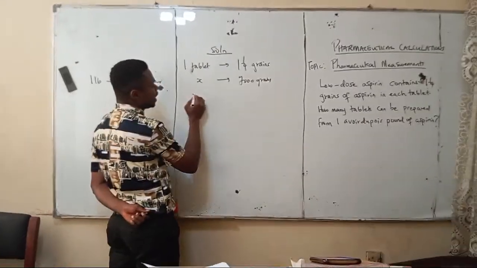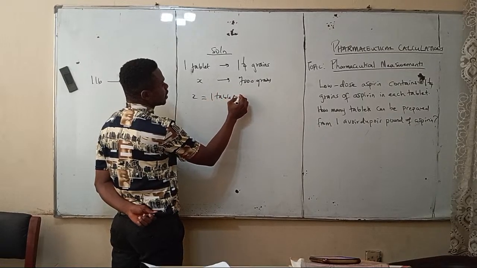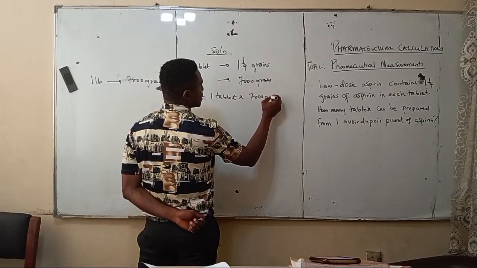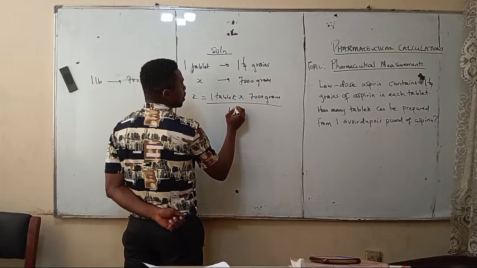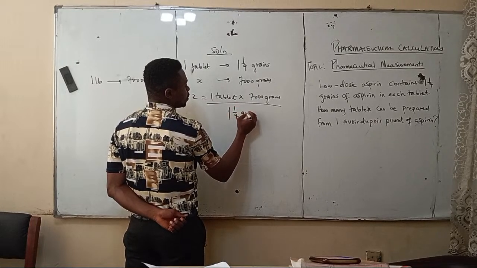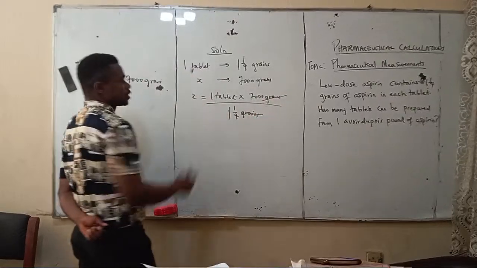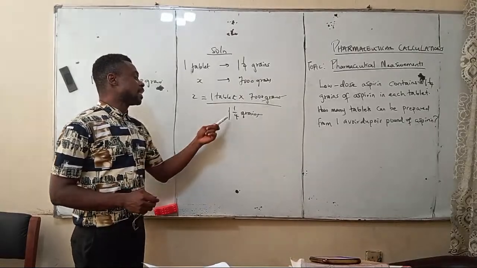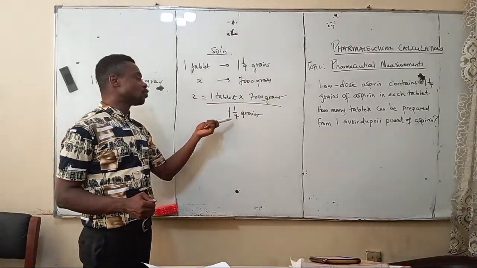So let's make X the subject of the formula. We cross multiply. X is now equal to 1 tablet times 7,000 grains over 1/4 grains. Grains will cancel grains, and we are left with tablet.